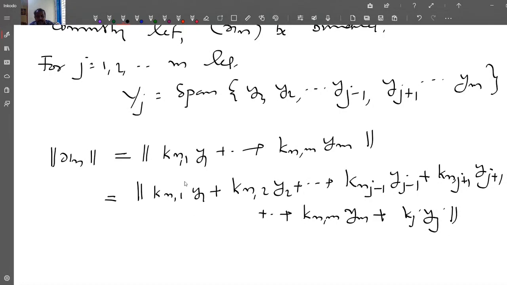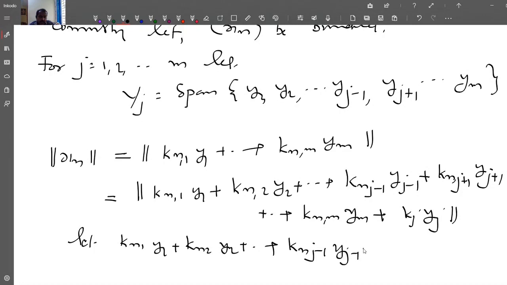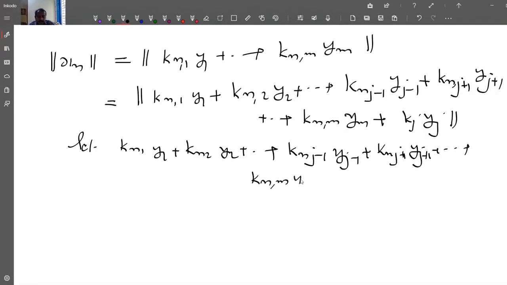And you take these terms, kn1 y1 plus kn2 y2 plus etc. plus knj minus 1 yj minus 1 plus knj plus 1 yj plus 1 plus etc. plus knm ym, as some y star.